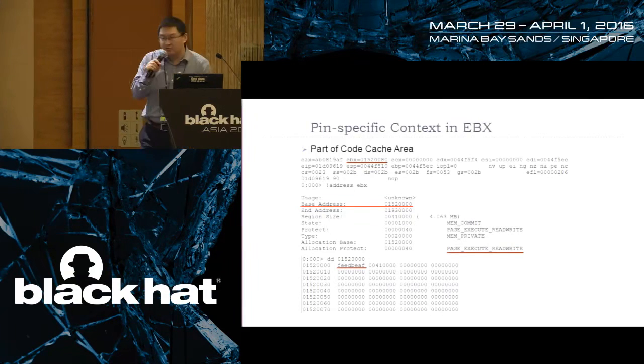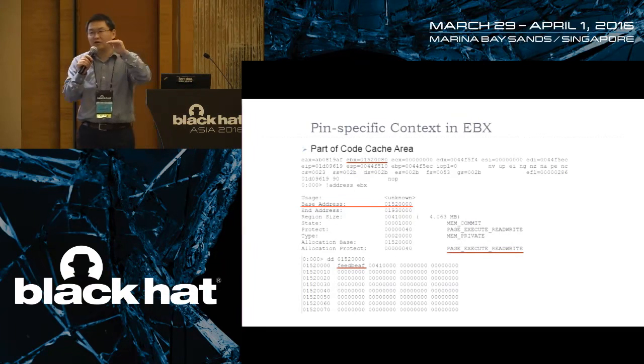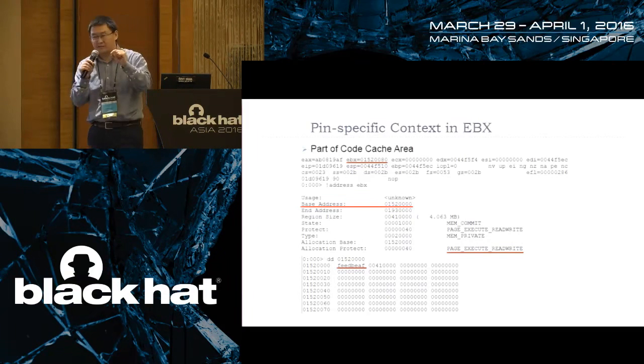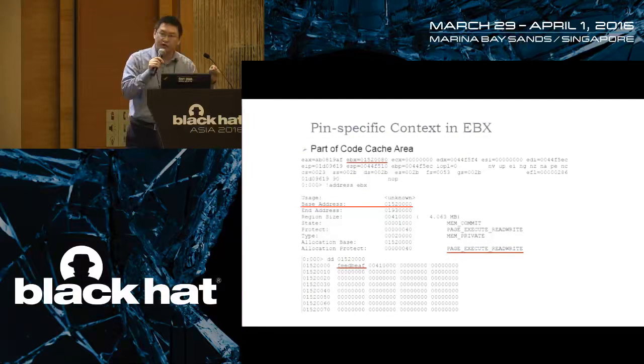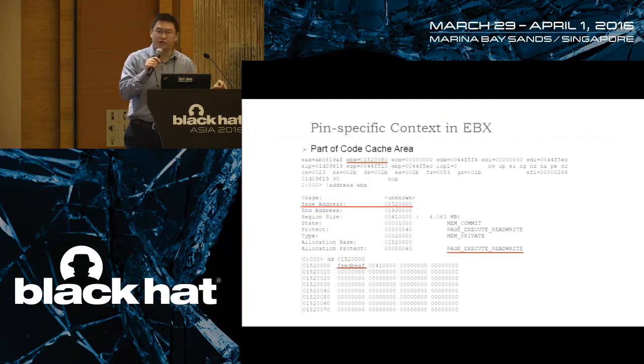That means when your function gets called under the DBI environment in the code cache, at that time EBX points to some critical data structure, right?